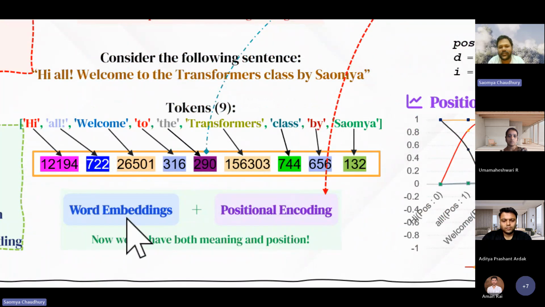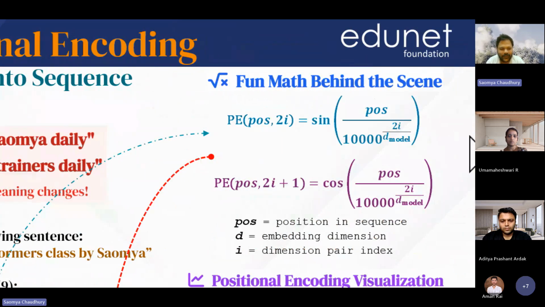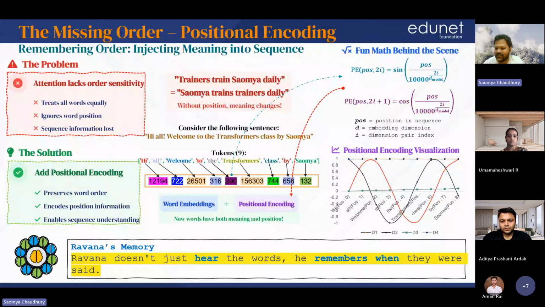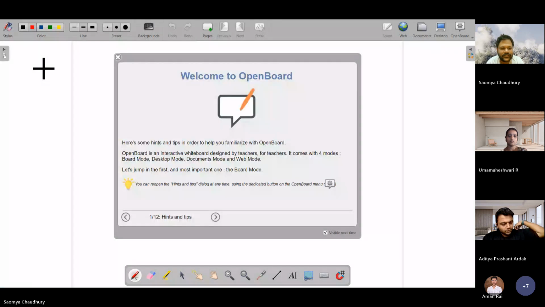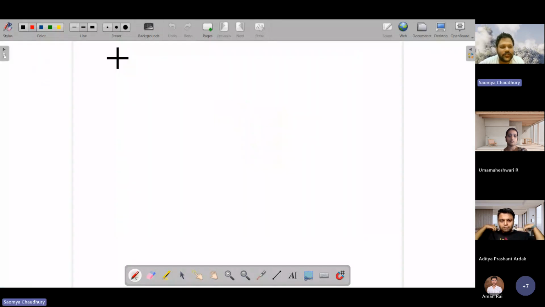Now let's move forward. You might be wondering, so first you should understand one thing here. Let me elaborate this a little further.